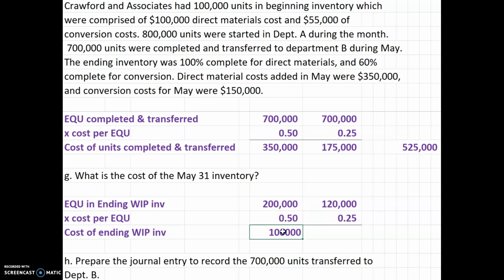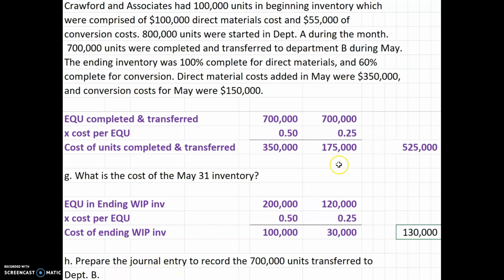$100,000 is the cost of the direct materials in our ending work in process. $30,000 is the cost of conversion costs in our ending work in process. So that means we have $130,000 is the cost of our ending work in process inventory.